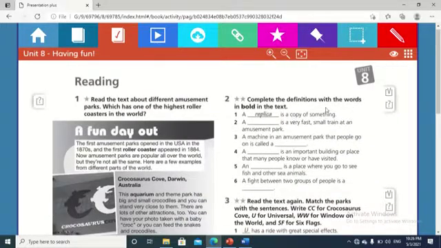Complete the definitions with the words in bold. For example, the first one is done. A replica is a copy of something. And of course, replication is trying to copy something again and again. So just complete the definitions.